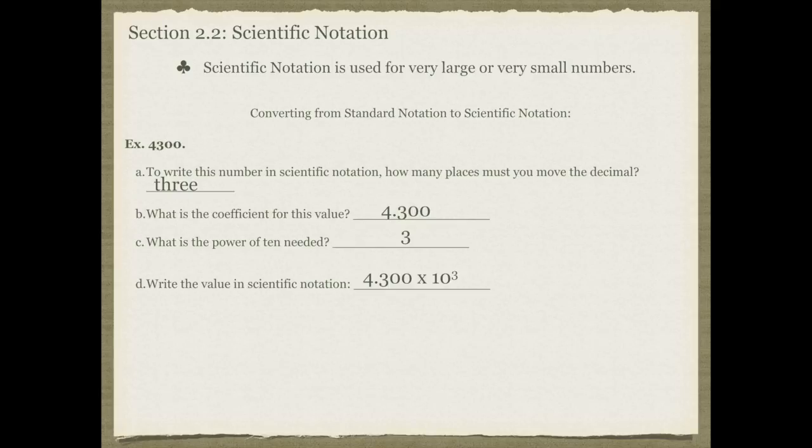So to make up for that fact, I've got to multiply it by 1,000, which is 10 to the third. 4,300 and 4.300 times 10 to the third, they are the same number, just in different notations. Standard notation is the 4,300, while 4.300 times 10 to the third is in scientific notation.